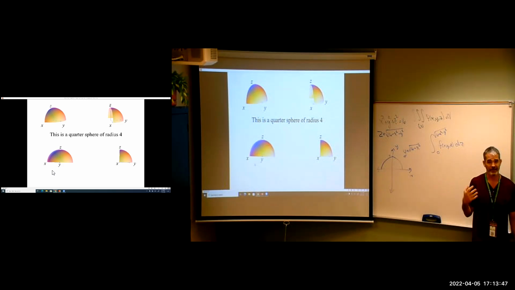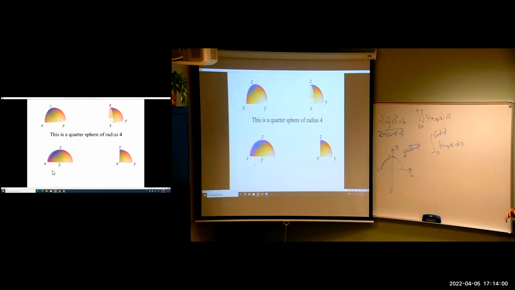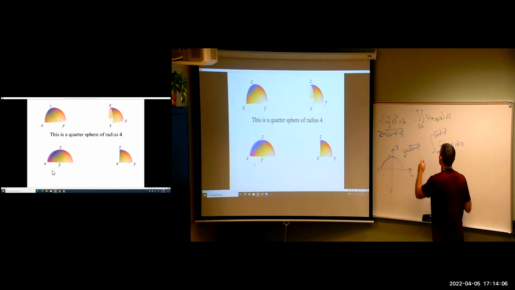Like I said, you are going to see so many circular regions between now and Thursday that this formula is going to become second nature, and you're going to recognize it as circular or spherical. But while you're getting used to it, I just want to show you the relationships. So y clearly is going from 0 up to the curve, 0 to the square root of 16 minus x squared.